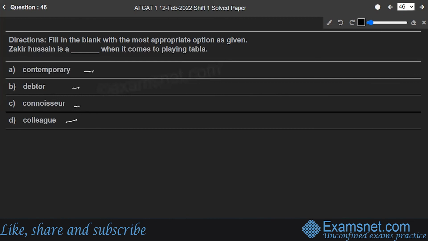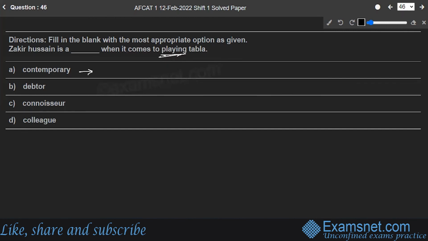Let's see the meaning of these words so that we can clearly see. Because Zakir Hussain is a famous musician, a tabla player, and he is making music over here. Like he's playing tabla, that means he's making music using a musical instrument.